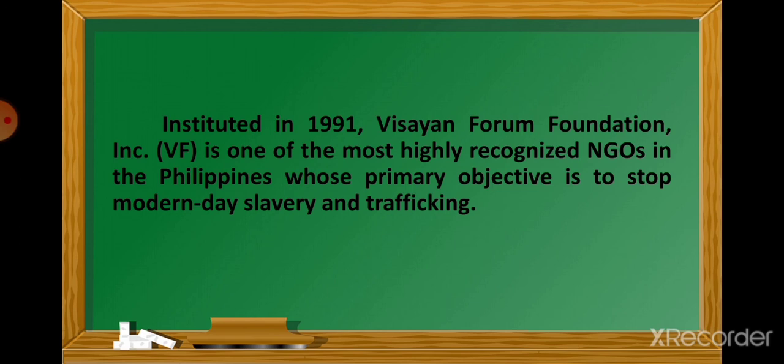VF has also been known for its effective use of networks to help victims of abuses by providing much-needed support and services. VF is also active in disseminating public information regarding the dangers of human trafficking and modern-day slavery, creating community-based programs and mobilizing interventions and efforts for the promotion of women's protection against abuses.